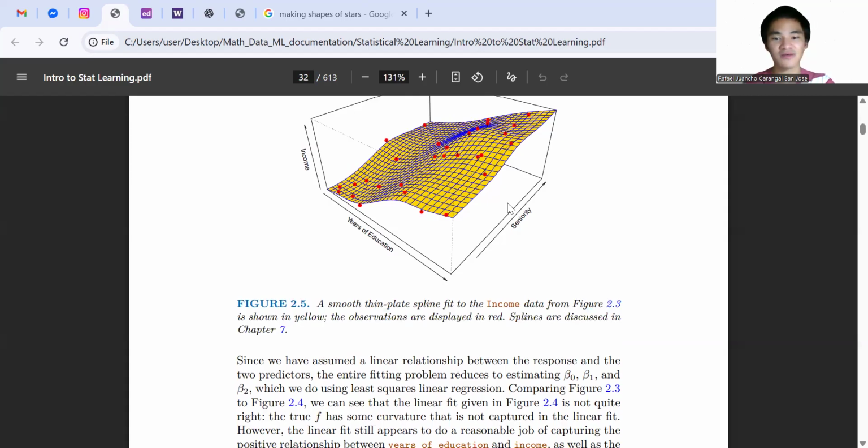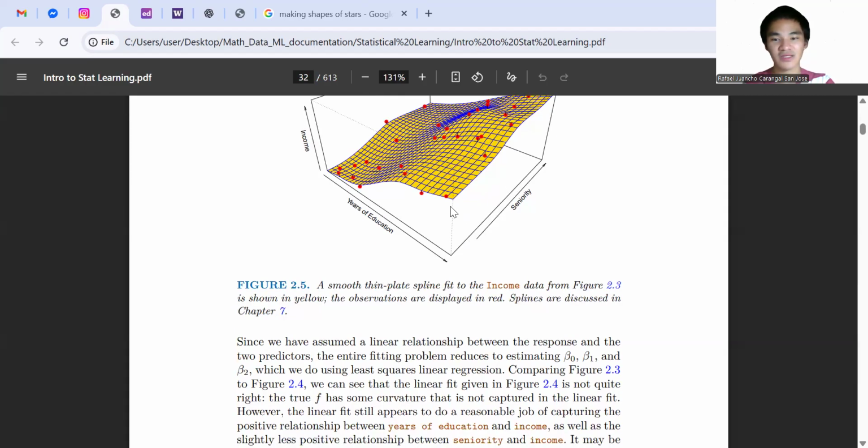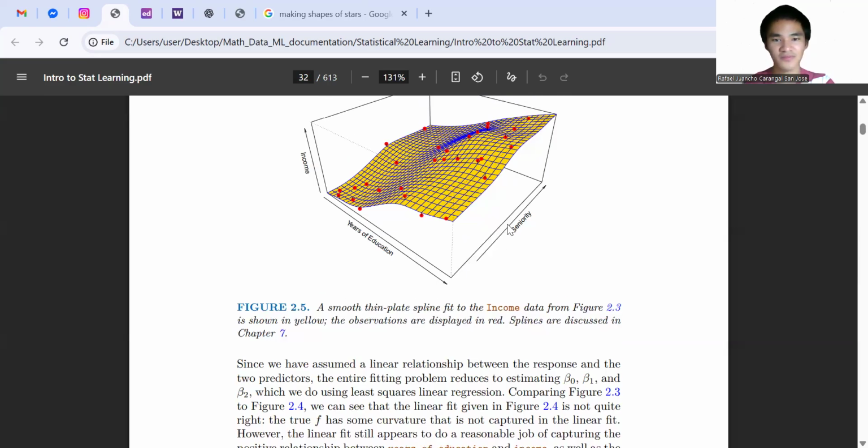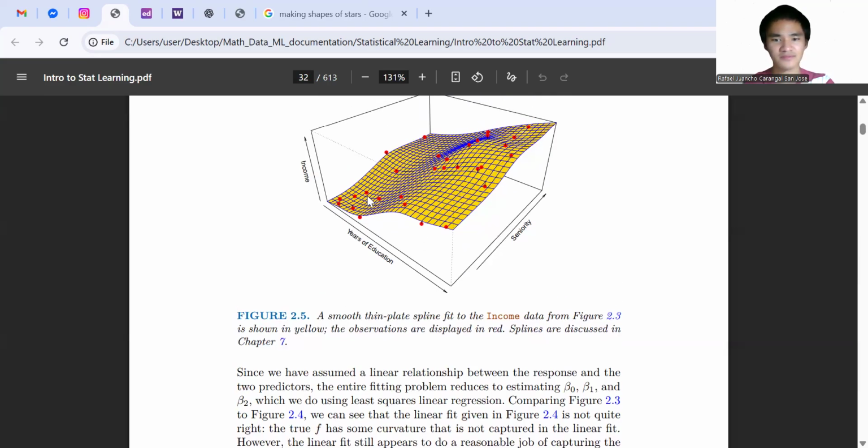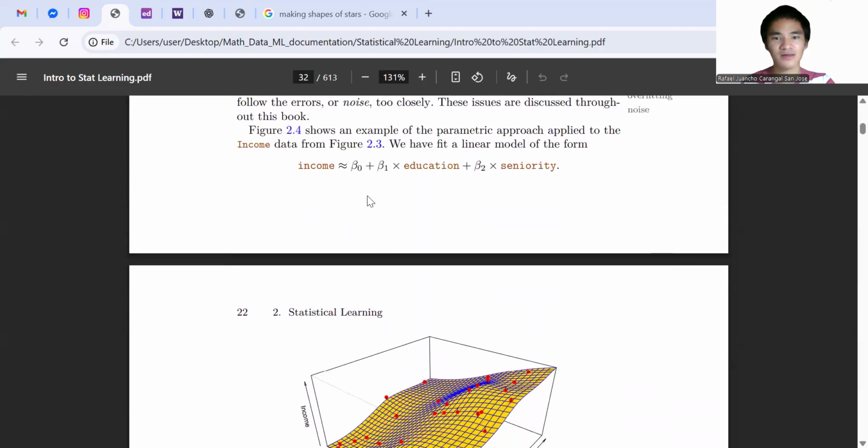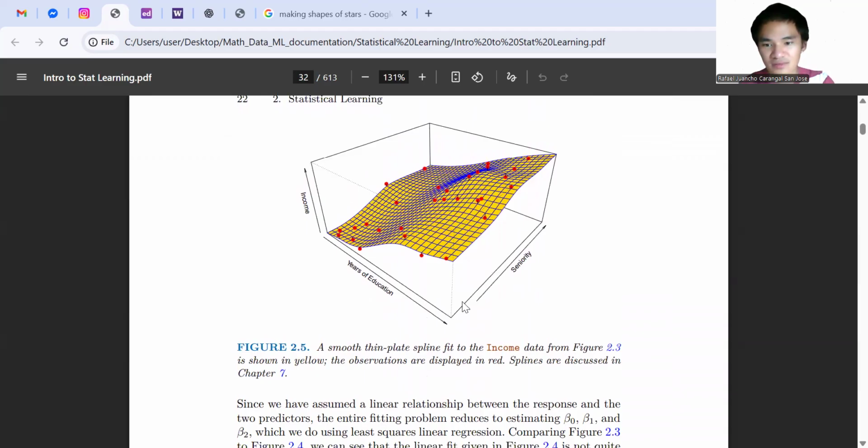But there's a way to fit this linear model to the income data. When we fit the parameters, we're going to do it in code, I think. We compare it to something like this. This is the same problem. This is a linear model using the least squares technique.